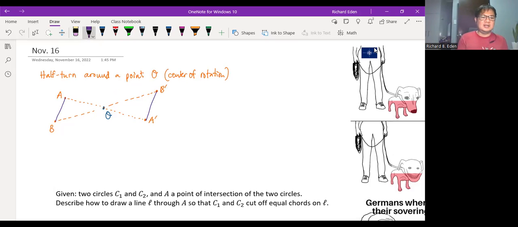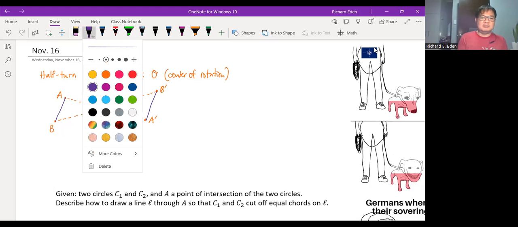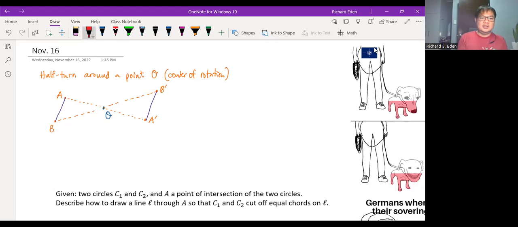So parang nangyari, kunwari kung magsasabit ka ng balloon dito sa point A, so red balloon, when you do a half turn of this segment around point O, the red endpoint will be sent here. So babaliktad. But then what we see is that when we do a half turn, a half turn is essentially, you're right, a reflection.